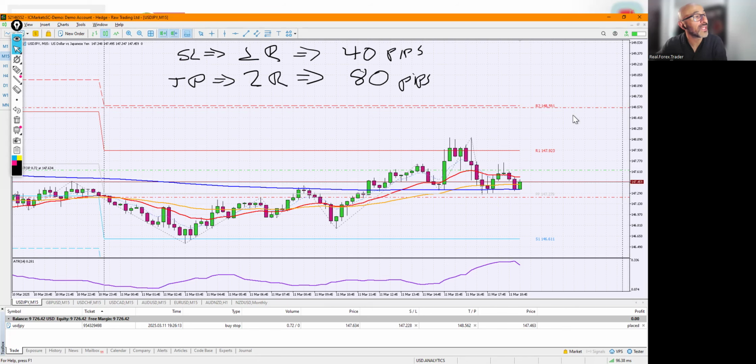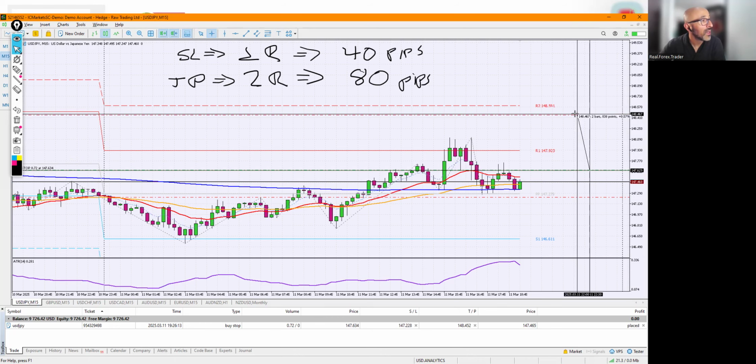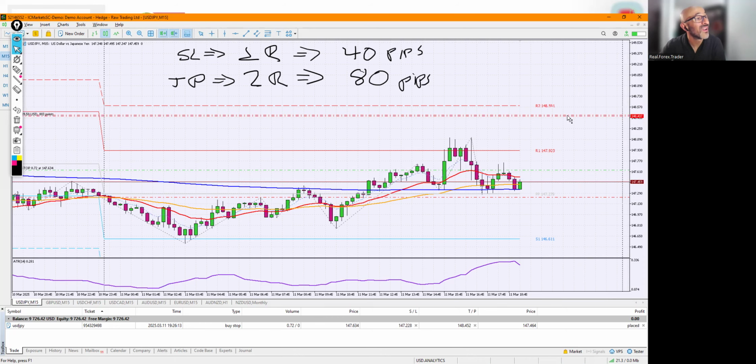So it's around here. Then I recalculate it to confirm I have my 82 pips. So 80 is around a little bit 431. Here, that's it. Now I have a proper ratio.